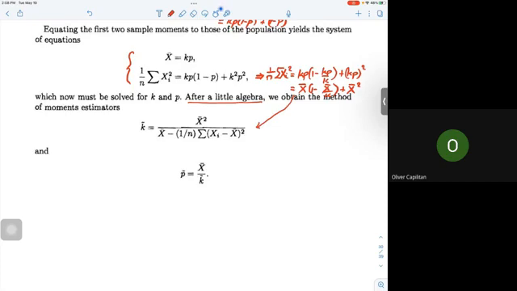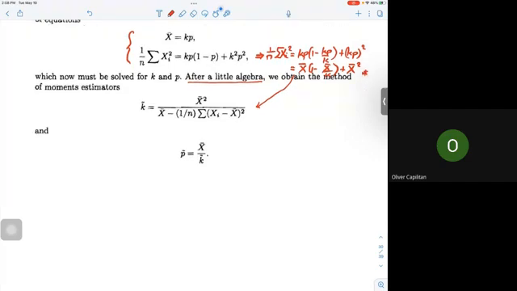It says there after a little algebra. It's just a little manipulation of these algebraic expressions. We can express this from this, we could arrive at this expression, x square. We can distribute that. So we have here x bar, and then plus x bar square over k plus x.